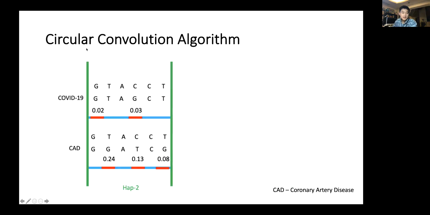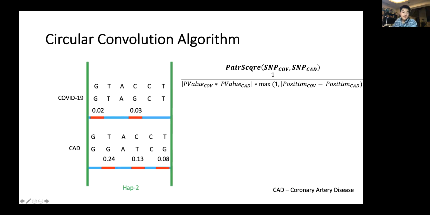So essentially, I'm going to use a circular convolution algorithm to find the association score of these 2 diseases on a single haplotype block. How I do that is first I find the score of a single pair. For example, a single pair of SNPs: the 0.02 SNP in COVID and the 0.24 SNP in CAD, which is coronary artery disease.